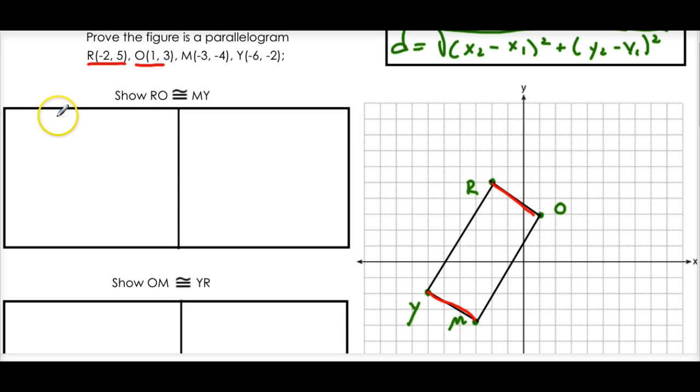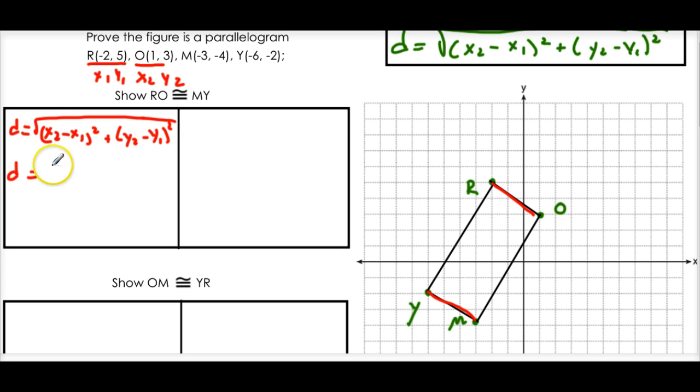Remember, D is equal to the square root of x2 minus x1 squared plus y2 minus y1 squared. Plug everything in. This is x1, y1, x2, y2.